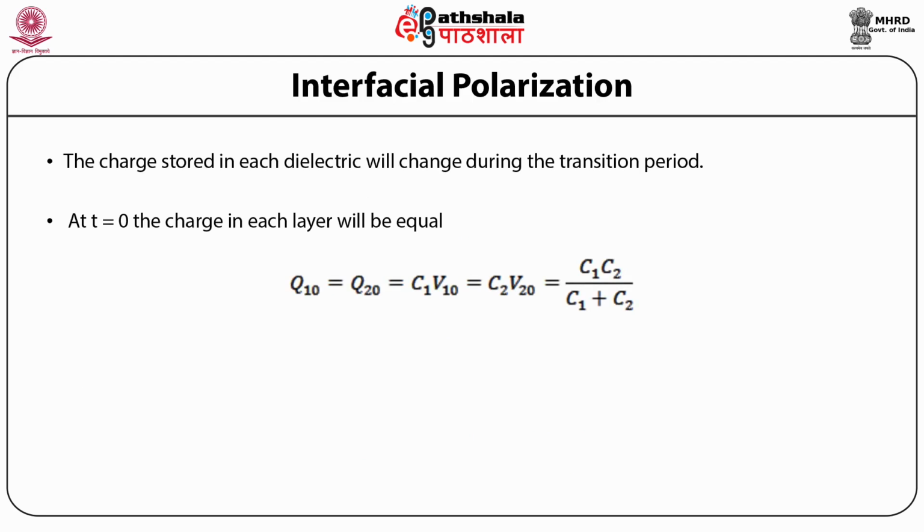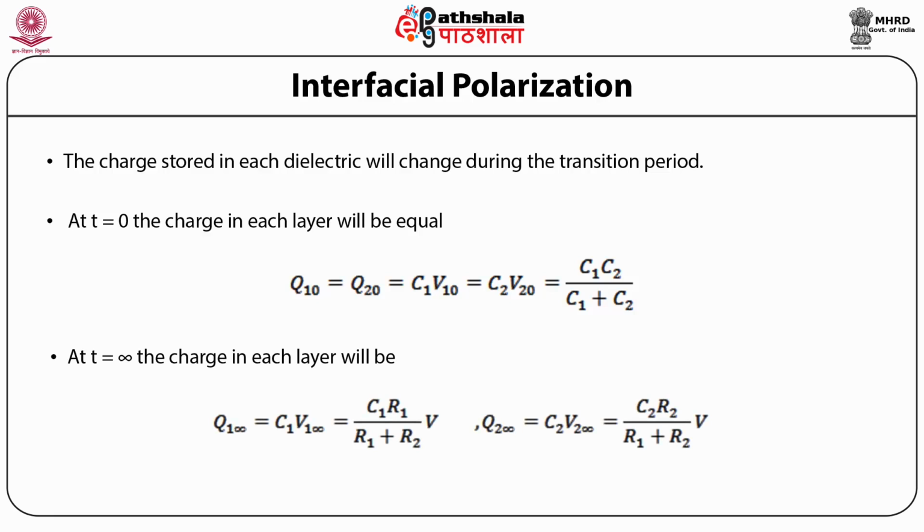At t equal to 0, the charge in each layer will be Q10 = Q20 = C1 V10 = C2 V20 = C1 C2/(C1+C2) times V. At t equal to infinity, the charge in each layer will be Q1 infinity = C1 V1 infinity = C1 R1/(R1+R2) times V, whereas Q2 infinity = C2 V2 infinity = C2 R2/(R1+R2) times V.